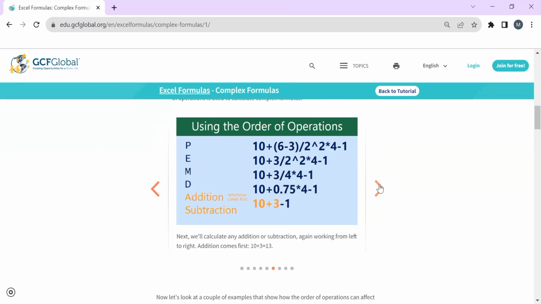Then, we will calculate any addition or subtraction. Again, working from left to right, addition comes first, which is 10 plus 3. The answer for that is 13. And finally, we have one remaining subtraction operation, which is 13 minus 1, and we will get the final answer of 12. This is the exact same result you will get if you enter the formula into the spreadsheet.